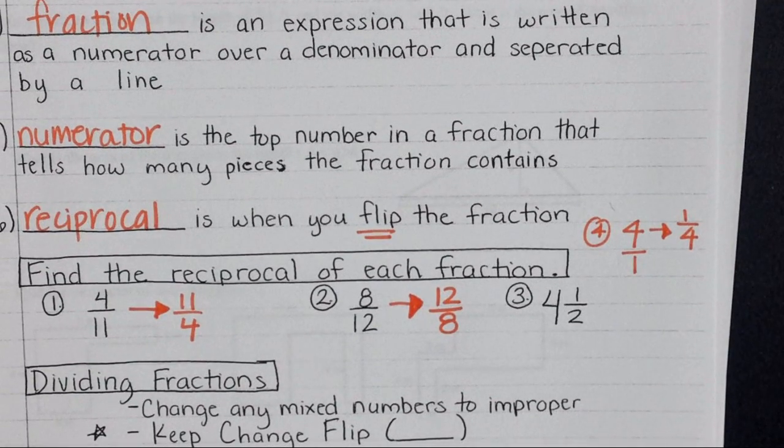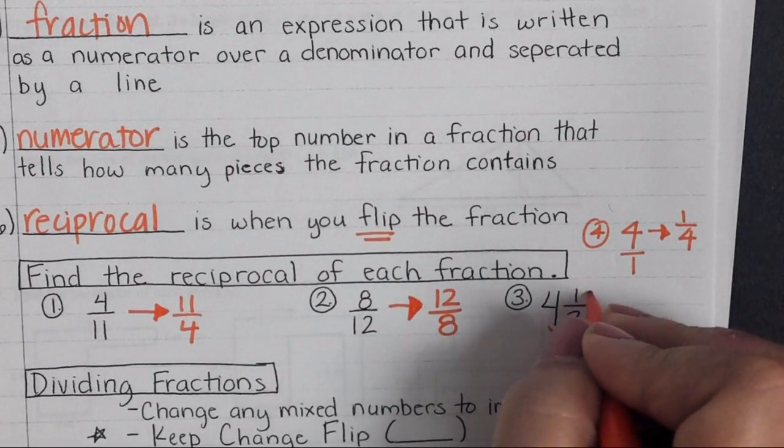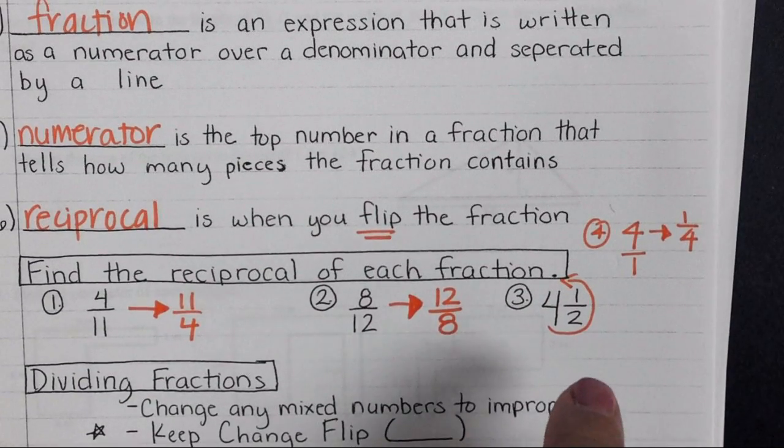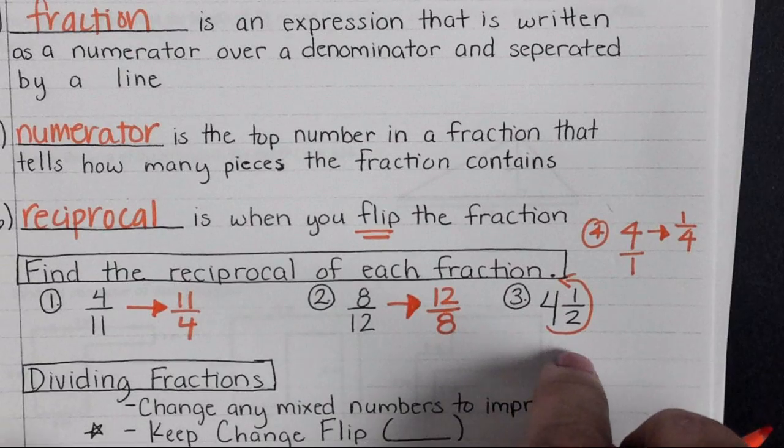All right, now look at number 3. What have I got to do first? I've got to make it improper. I can't do anything with it. I cannot find the reciprocal of this until I make it an improper fraction. Guys, if you're having trouble making them improper, you are going to get every problem wrong.